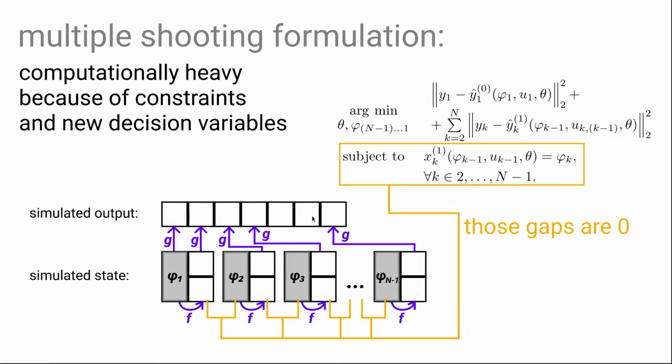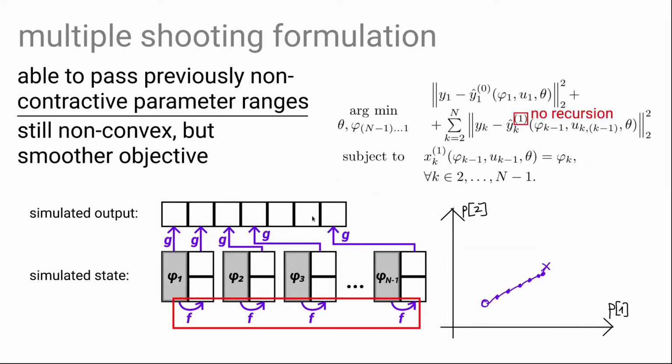The multiple shooting formulation is computationally heavier because of the constraints and the new decision variables that are there in the formula. On the other hand, it's able to pass previously non-contractive parameter ranges because we don't have recursion there at all, and the objective is still non-convex, but it's smoother.